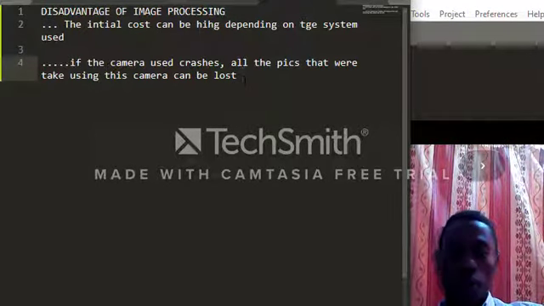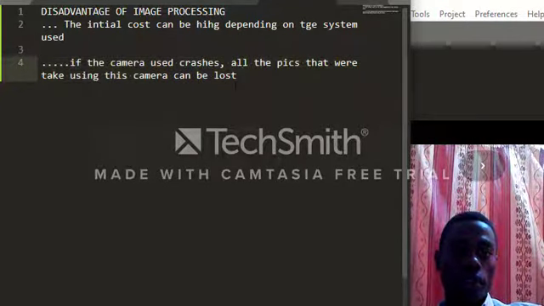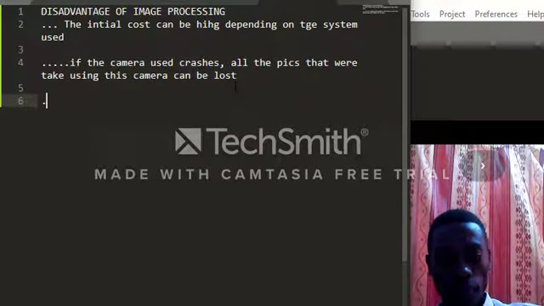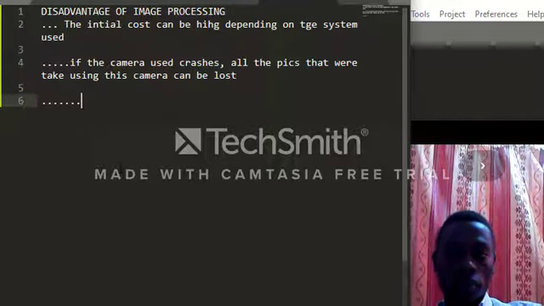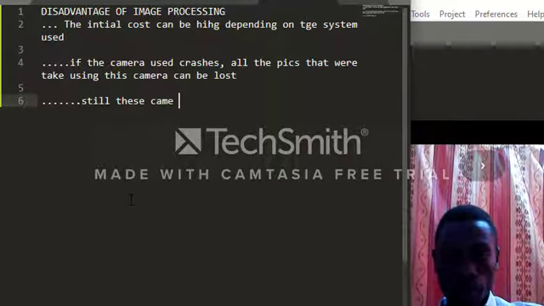You can completely lose all the images. So it's one of the disadvantages with image processing technique. So the third disadvantage is that still these cameras have got some issues when using them.